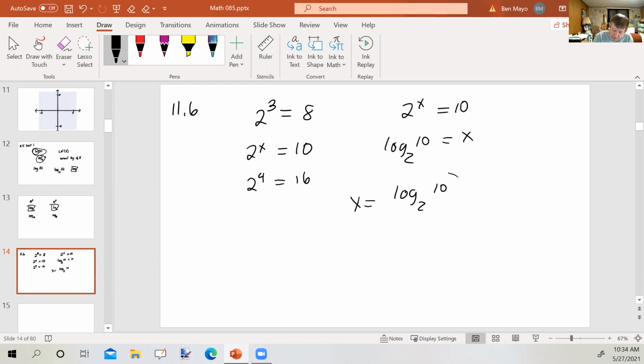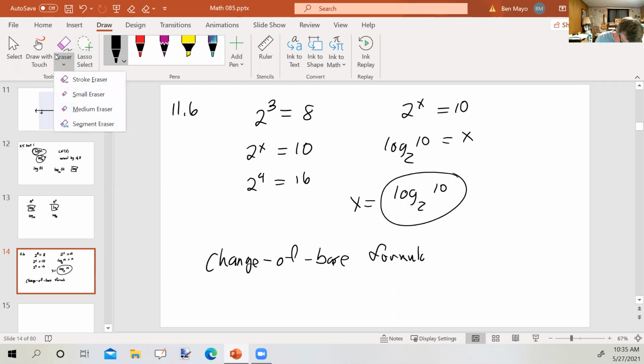Now, this is all logarithms, but most of us don't have a calculator that will allow us to enter that directly. So we need to use what is known as the change of base formula.